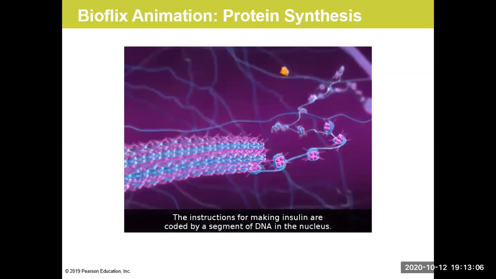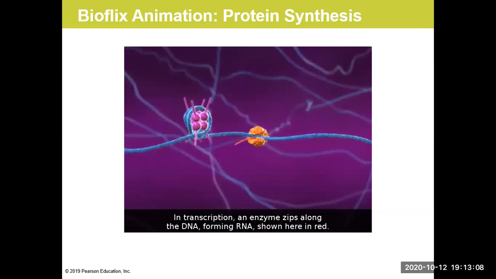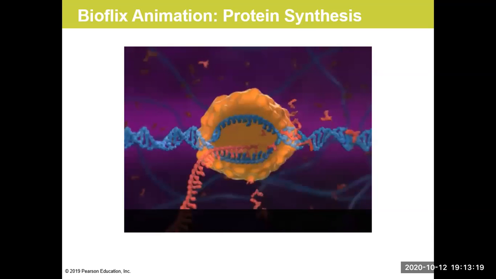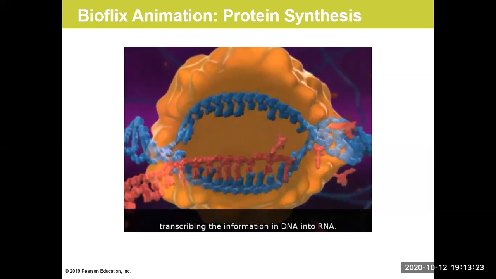Enzyme zips along the DNA, forming RNA, shown here in red. RNA nucleotides line up with their complementary DNA partners, transcribing the information in DNA, and it is processed in several ways.